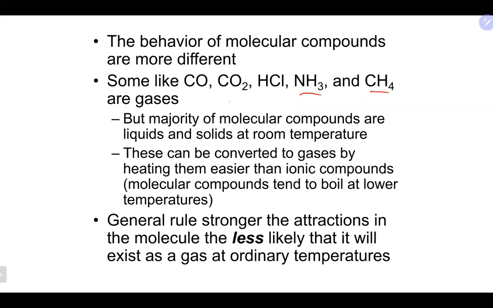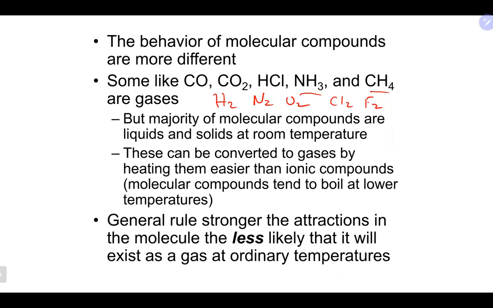Even a lot of those non-metal diatomic elements like H2, N2, O2, Cl2, F2 are all gases as well, how they normally come. The majority, though, of molecular compounds are still liquids and solids at room temperature.